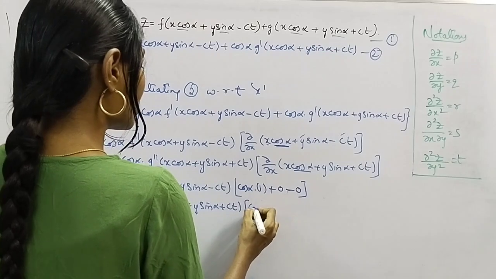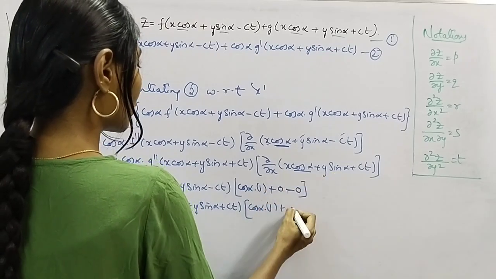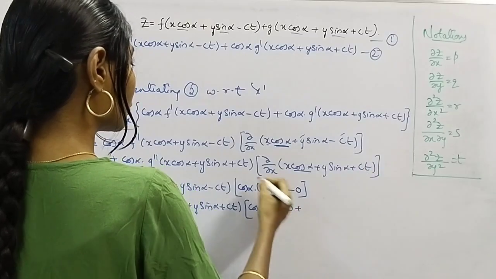Here cos alpha is constant into partial derivative of x with respect to x is 1, plus partial derivative of a constant with respect to x is 0, plus partial derivative of a constant with respect to x is 0.